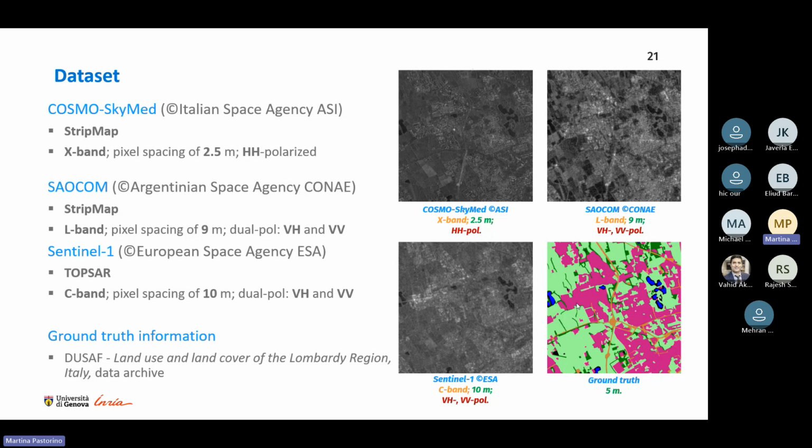So what we did was multi-look the Cosmo-SkyMed images at 5 meters, and then multi-look the SAOCOM at 10 to match the Sentinel-1 spatial resolution, pixel spacing. And then they were inserted in the network that I showed you before, going from the Cosmo-SkyMed in the first layer, and then SAOCOM and Sentinel in the second layer after pooling.